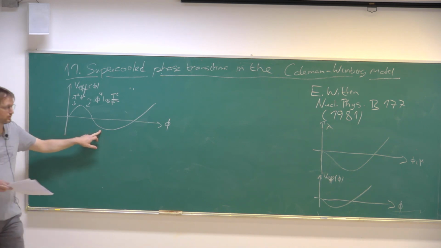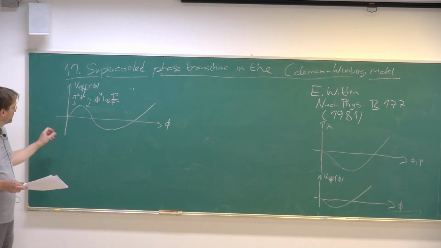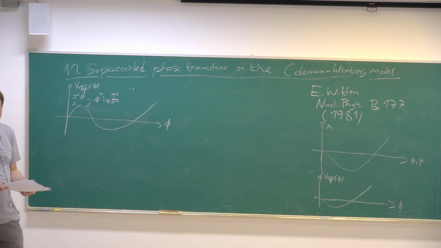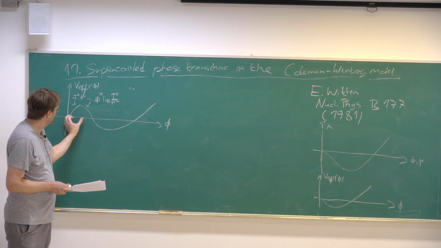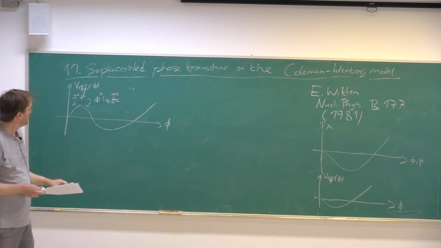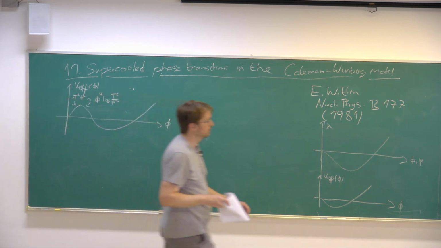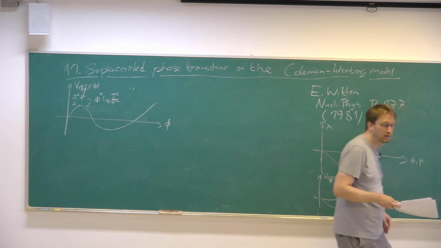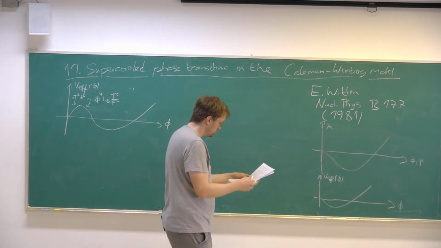So this is the first thing I want to check now. Because I want to use this approximation to calculate the tunneling rate, I want to check that the whole barrier is in the regime where this approximation is valid, where T is less than this bound. This is one thing you quickly have to check.